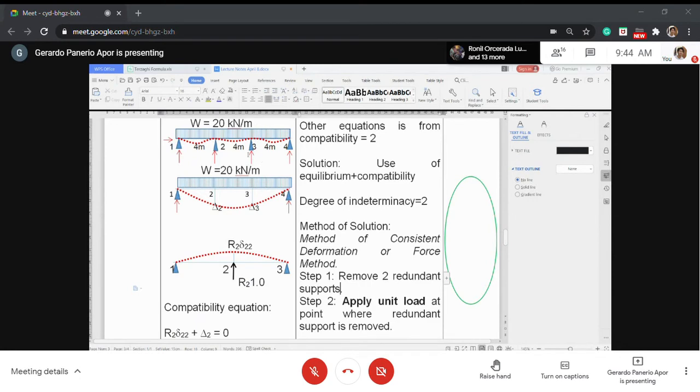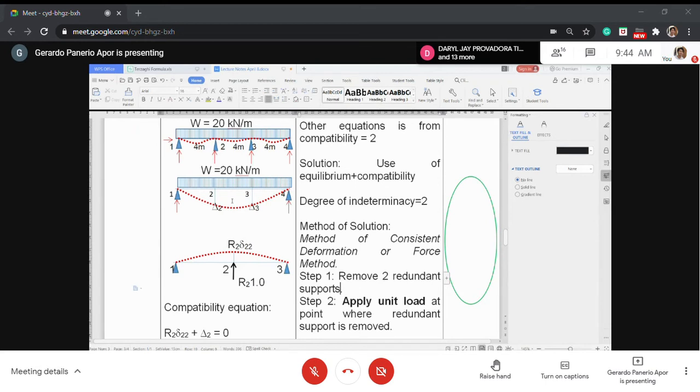Now what support you are going to remove, it's up to you. No. In my case, I remove the middle because I found it easier. In fact, delta 2 and delta 3 are equal if you are going to reason by symmetry, the curve is symmetrical.